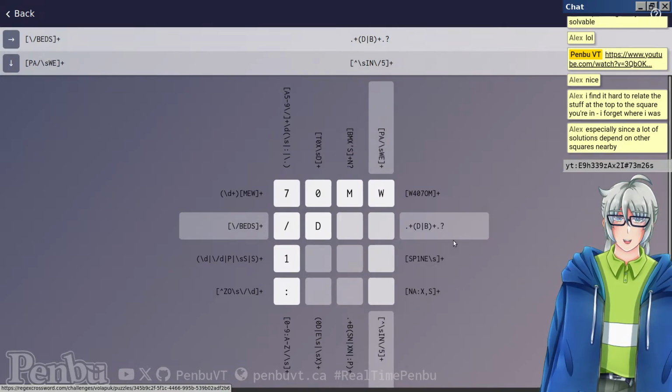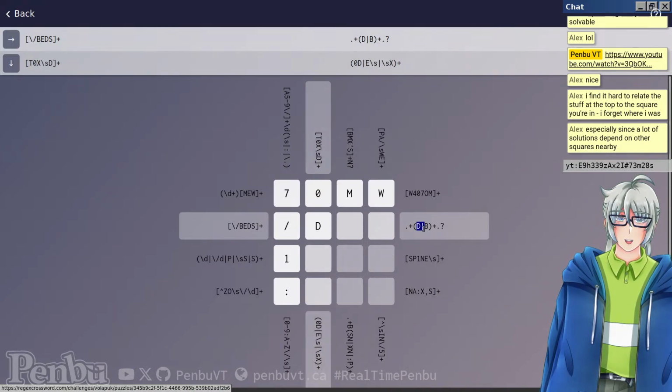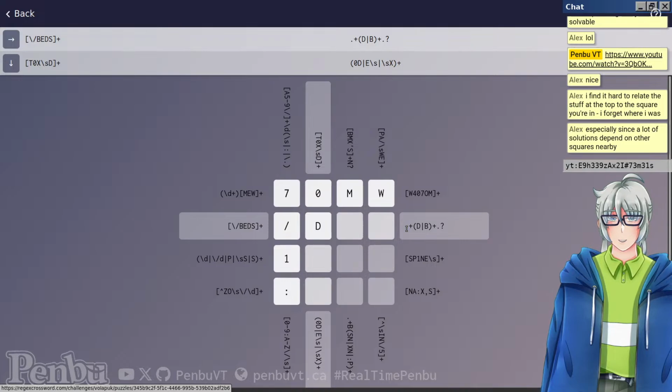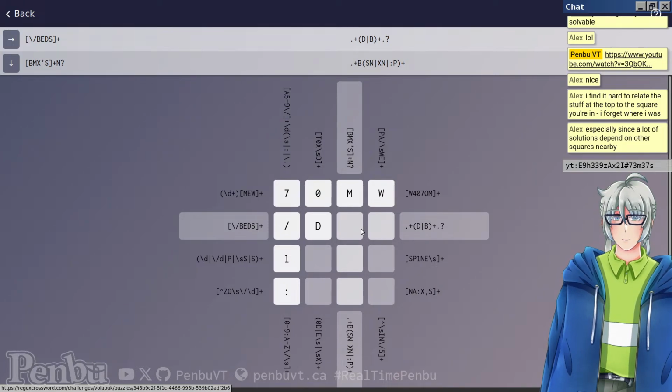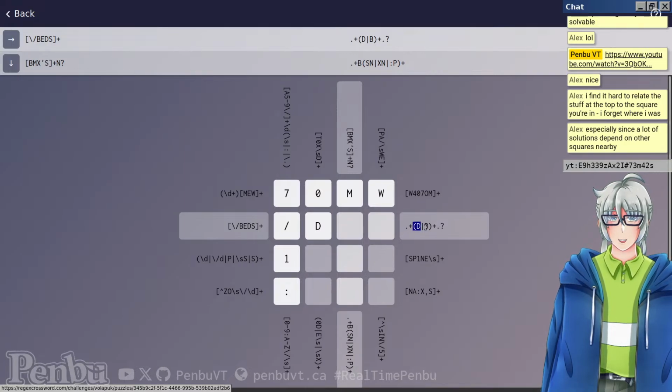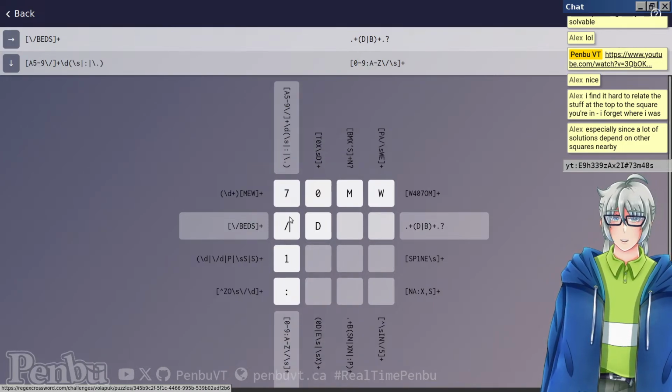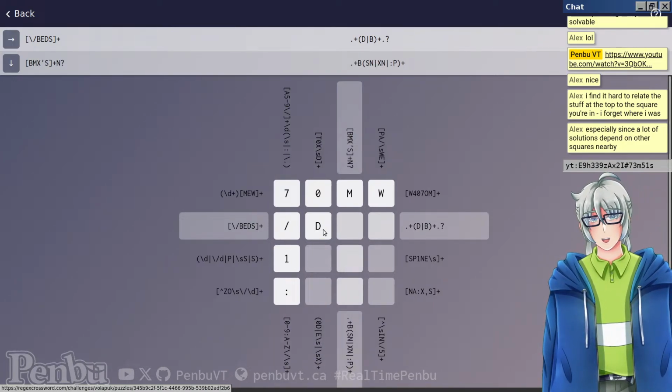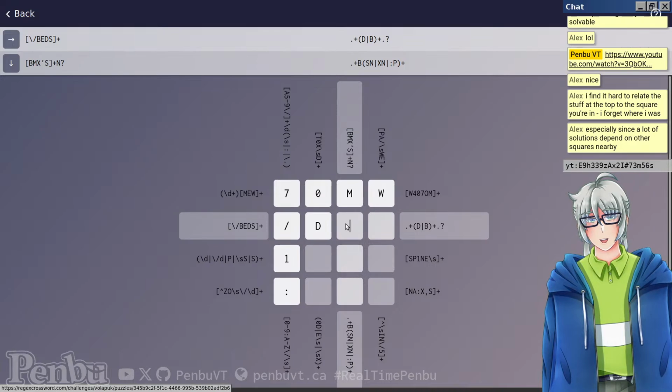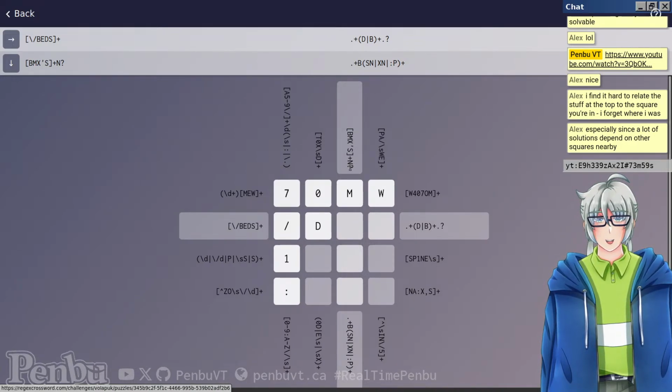What else do we have? So this is a D or B. But it can also be one of the dots. This can be a D or B. I think we're forced to have that. Because this is one or more, which means that either the dot encompasses both of these, or it only has this. And then both of these are D or Bs. Which in this case doesn't really matter, but that does mean that this has to be a D or a B. D is not in this set, so that has to be a B. I think that covers it for that.